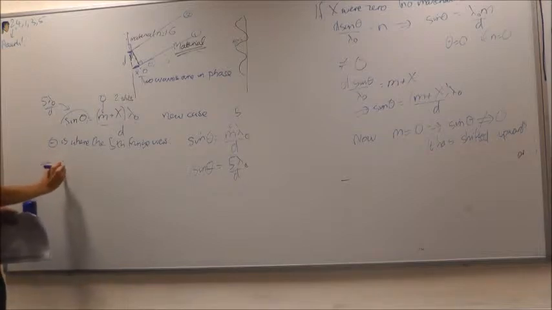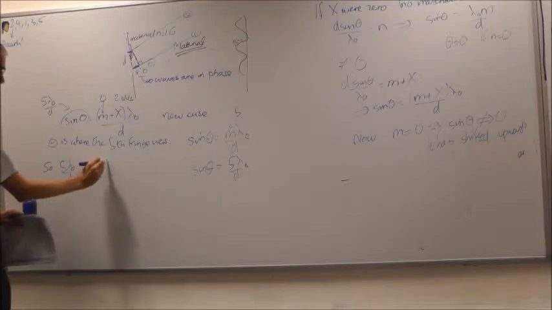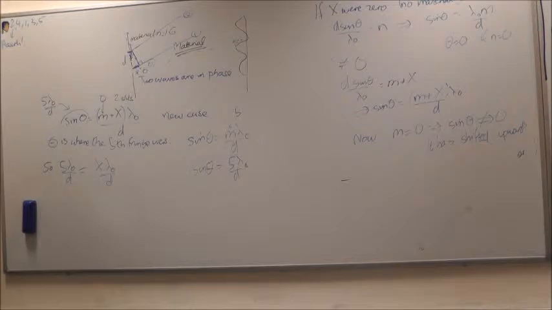So we've got 5 lambda 0 over d equals x lambda 0 over d. That doesn't really tell us anything other than you've got 5 wavelengths.